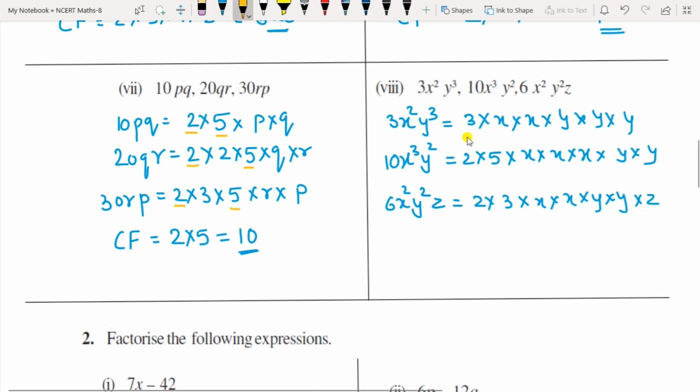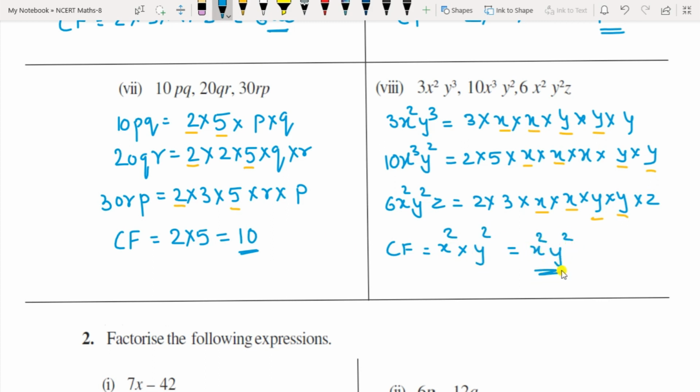So the common factors here: 3 is not there in both the things, 2 is also not there. Then comes x here, x is common in all 3. The second x is also common in all the 3. Y is common in all the 3. The second y is also common in all the 3. So the common factor here will be x square y square, the common factor in all these 3 variables.